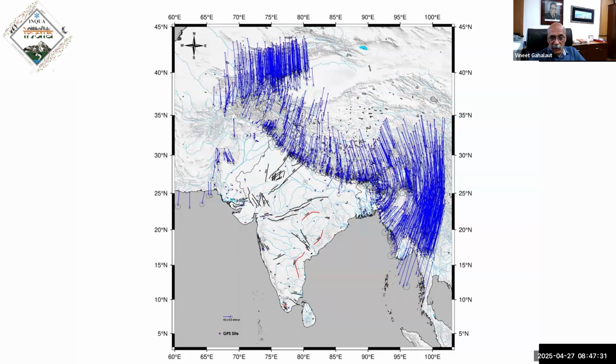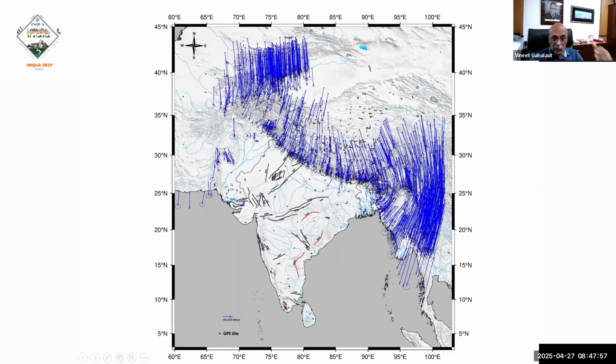So you also see that there are some sites, I'll show you in probably the next slide, which are moving faster than the motion shown here in the deep south part of India. So there is some internal deformation going on within the Indian plate, which is responsible for earthquakes in peninsular India.